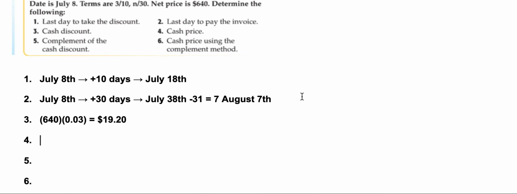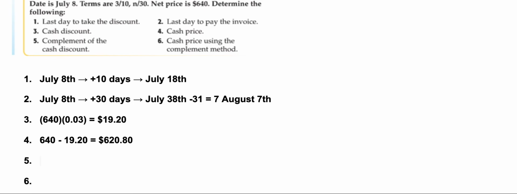Number 4 wants the cash price, so make sure you subtract off that discount. Go ahead and find that. And you should get $620.80.